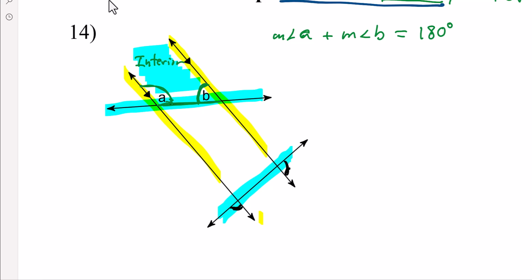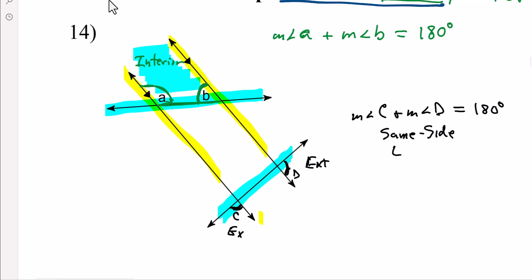They are on the same side, but on the exterior. I'll call this angle C and angle D. So the measure of angle C plus the measure of angle D also add up to 180 degrees, and that's because of same side or consecutive exterior. All right, that's it for this one.